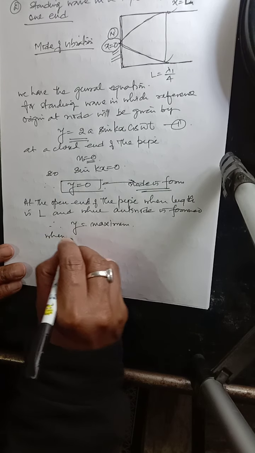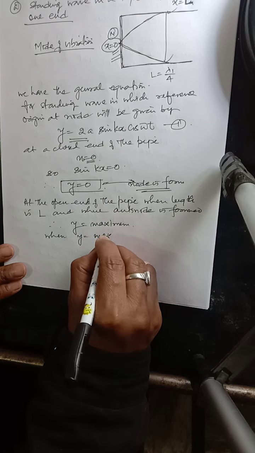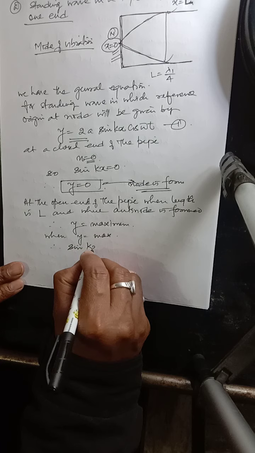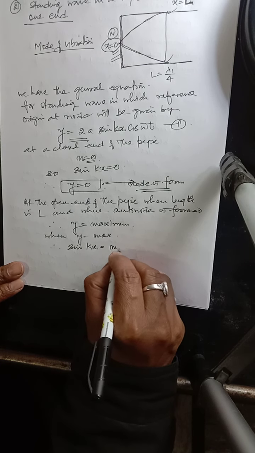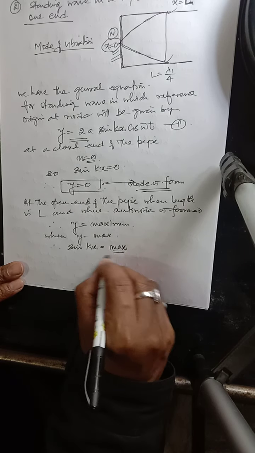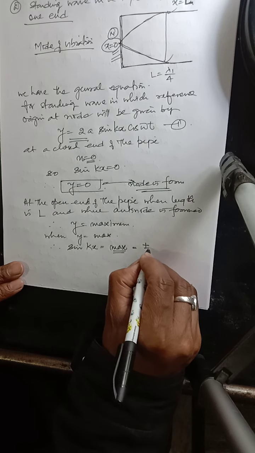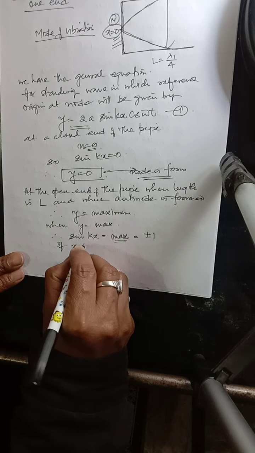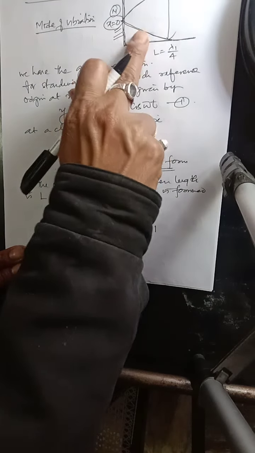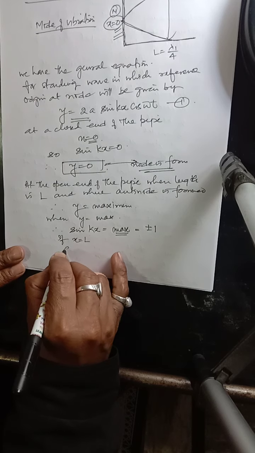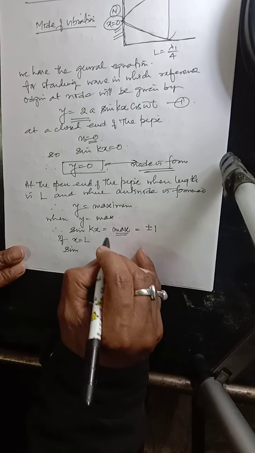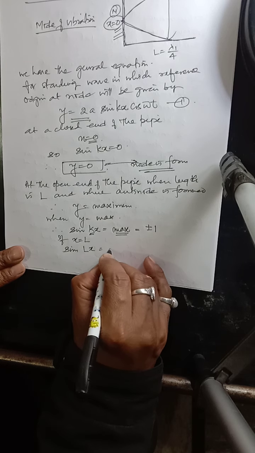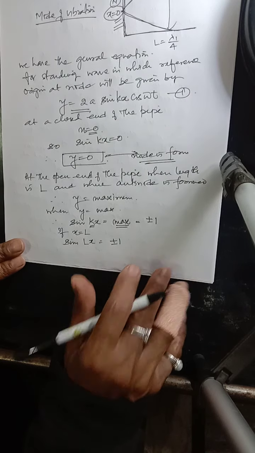When y is maximum, it means the value of the sine function, that is sin(kx), is equal to the maximum. The maximum sine value is plus or minus 1. So if x is equal to L, in place of x we will put L, and the value will be plus or minus 1.